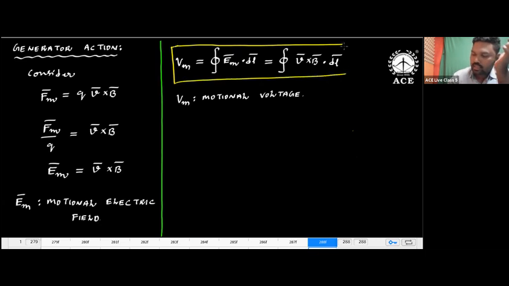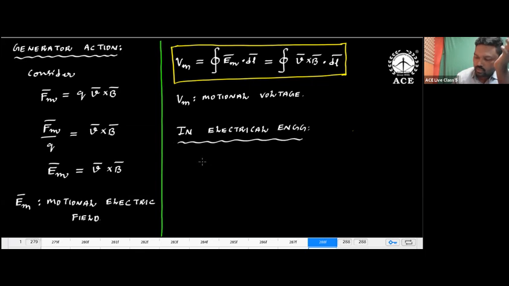In electrical engineering, you will do some approximations. You will use the approximated version of that one, or scalar version, I can say. The voltage V is equal to VB.